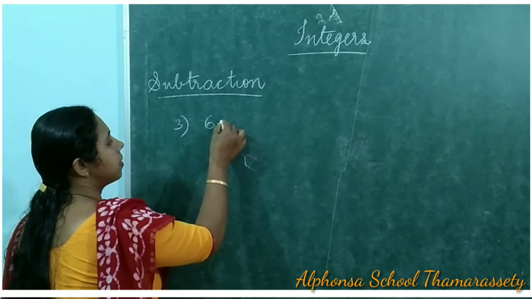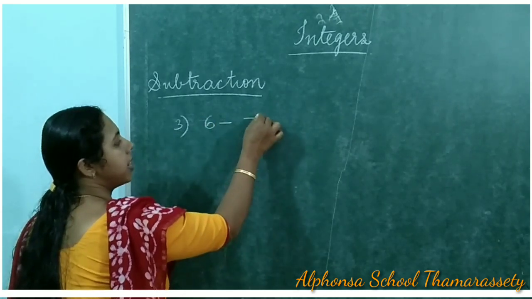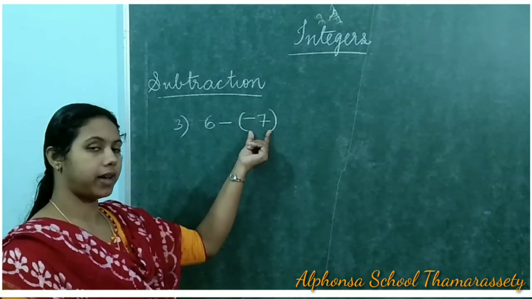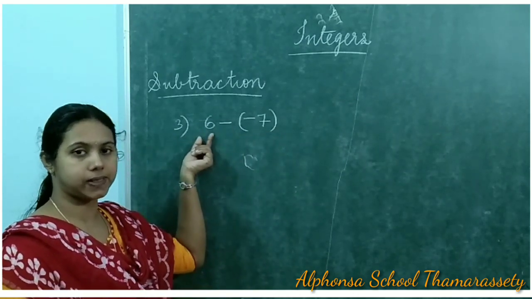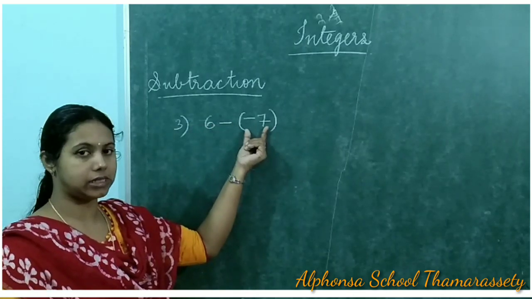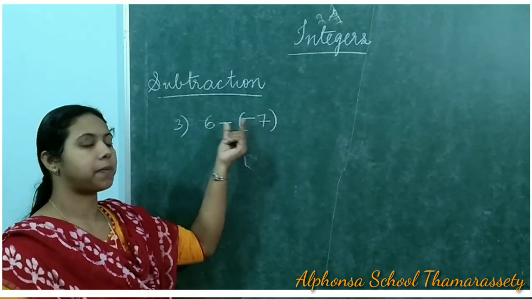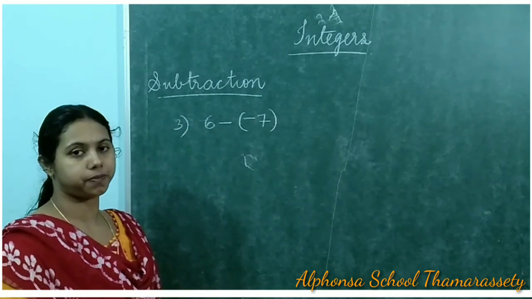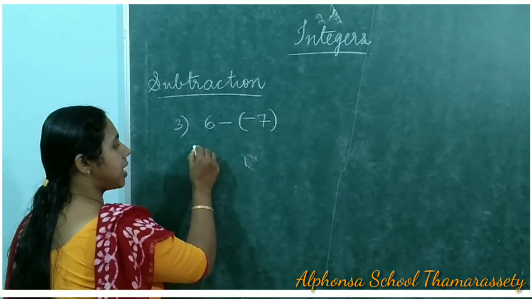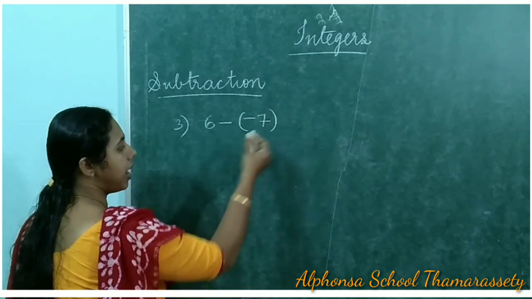6 minus minus 7. Subtract minus 7 from positive 6. Here a negative integer is being subtracted from a positive integer. The same rule applies. Subtraction changes to addition.